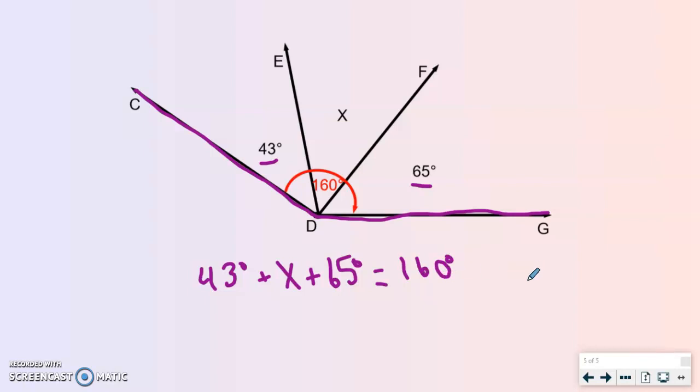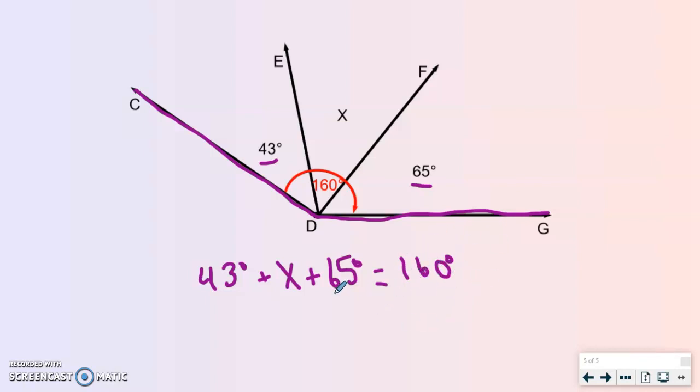Like we've been doing before, we use the reverse operation, and the opposite of addition is subtraction. So you could take 160 and subtract the 43, and then subtract the 65, or the other way around. You could do those two steps.